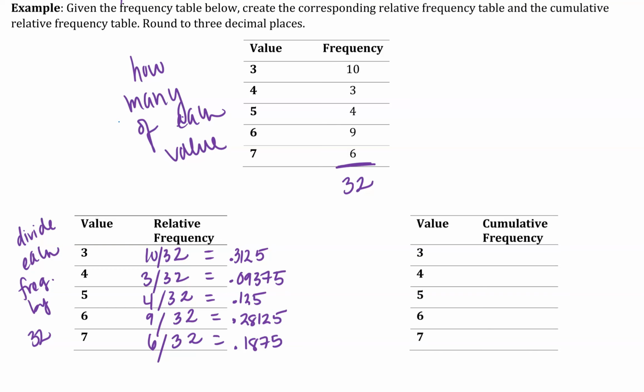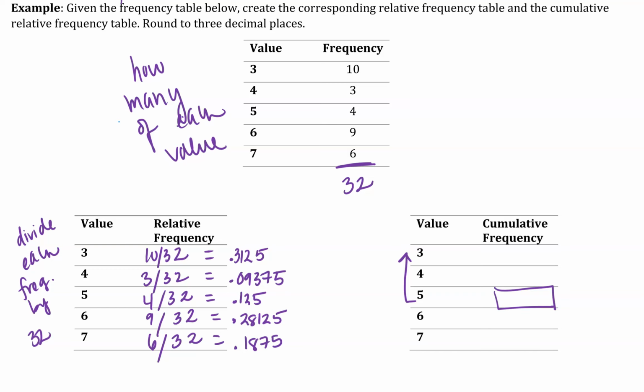The next step we can take is to make a cumulative frequency table, which, cumulative means it gives you the probability of the value or anything less than. So for example, this cumulative frequency for the value of 5 gives you the probability that 5, 4, or 3 occurs.